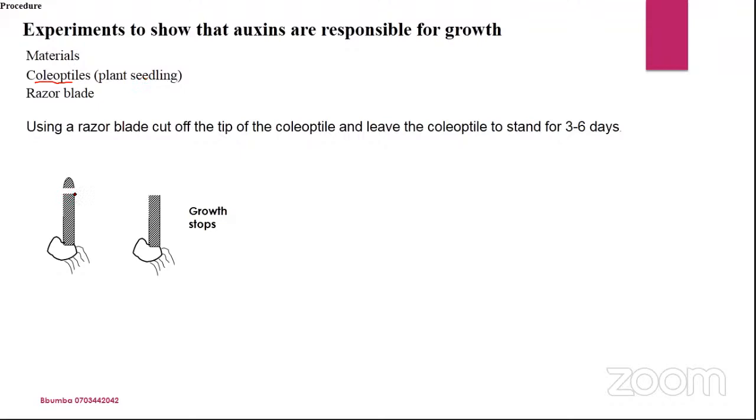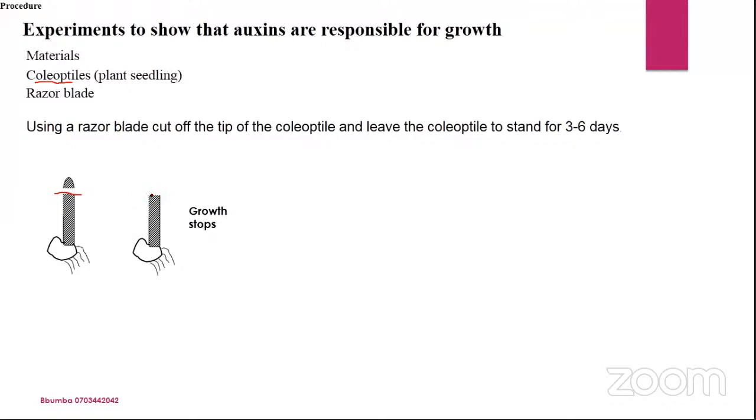When you cut off the upper tip of the coleoptile, growth stops. It's just like assuming you are growing beans, and then you cut off the upper tip, that bean plant is going to stop growing.